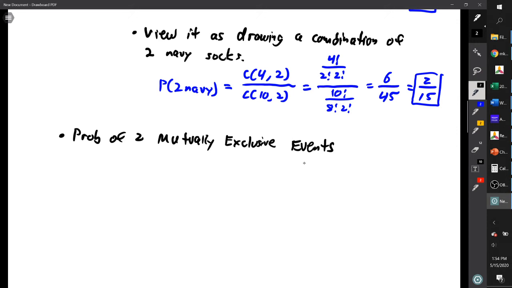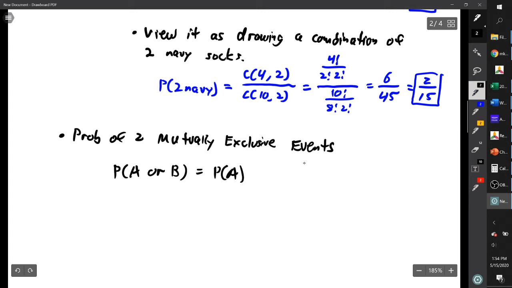And so what this looks like is P of A or B is P of A plus P of B. So earlier we were multiplying our probabilities. And when you multiply fractions that are less than 1, your result is smaller than either of the fractions individually.